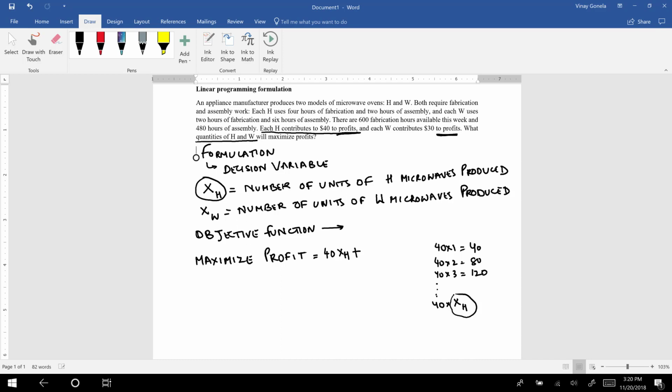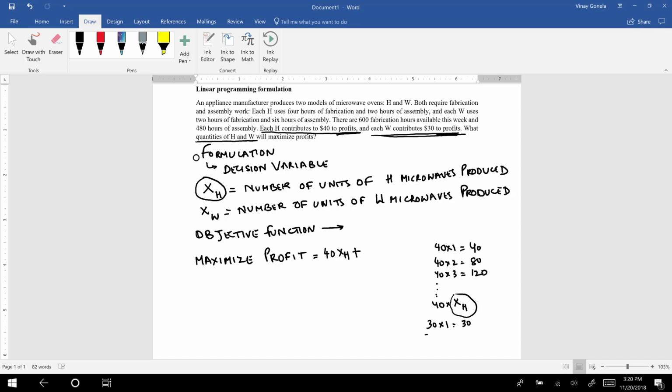Plus the other, and each W contributes $30 profit. Again the same concept, if we produce 1 W, we will make $30 profit.